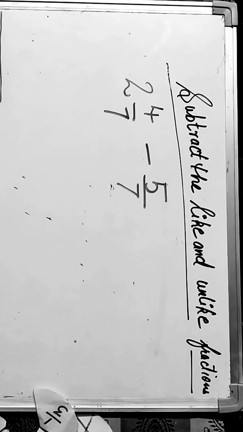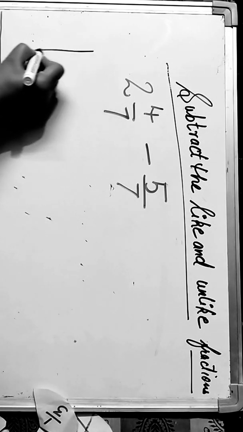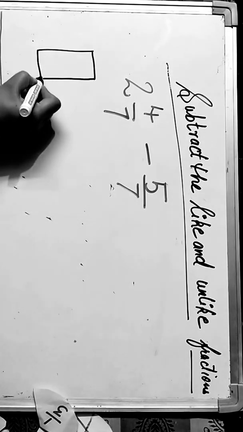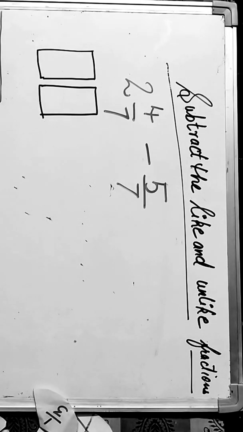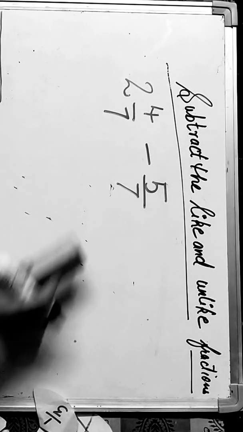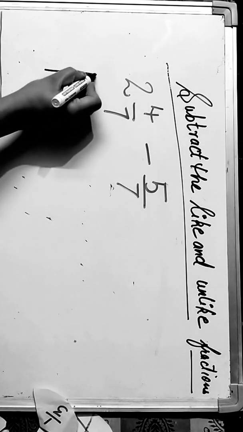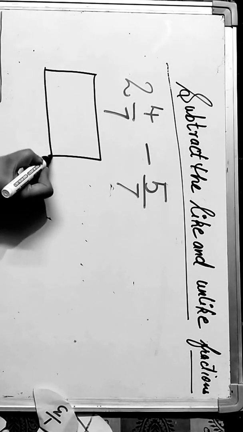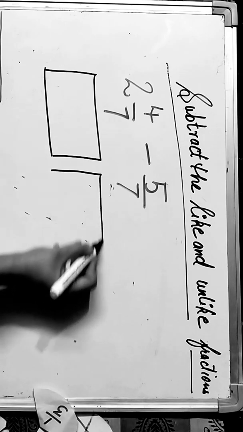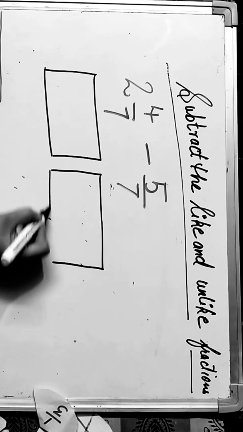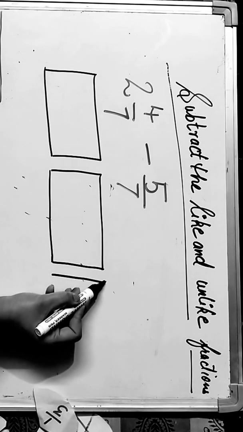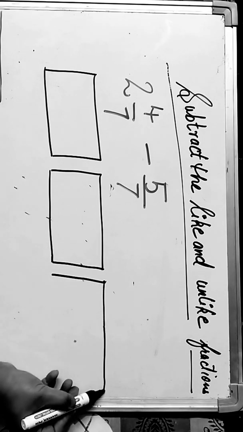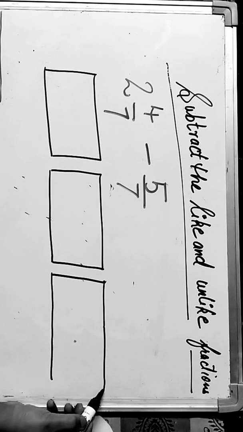So what we need to do here, we'll draw chocolates. I have one chocolate, another chocolate, and what piece size? I'm drawing a little big. I'll draw it again for you. I have one chocolate, another chocolate of the same piece size, and one more chocolate, because I have to draw one more chocolate.